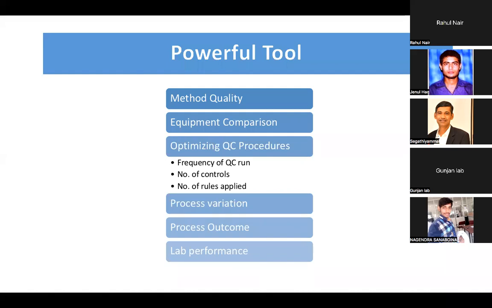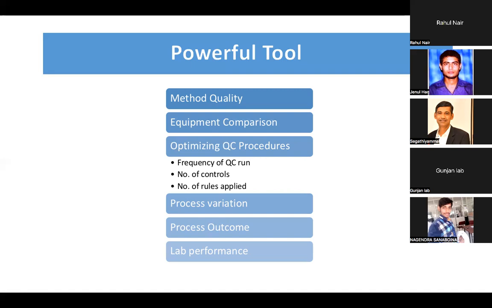We want to check which is more suitable to us, or we want to compare equipment. 3 companies are approaching you. They are saying our equipment is good. We can use this knowledge in the equipment comparison also.